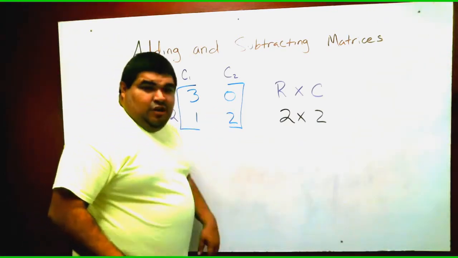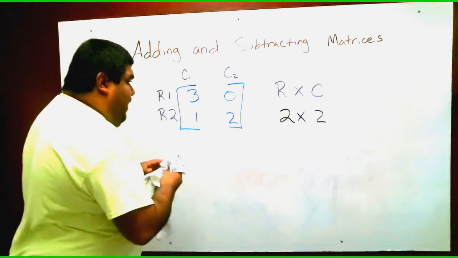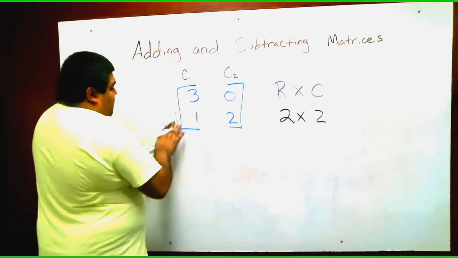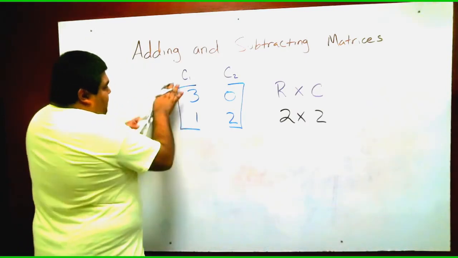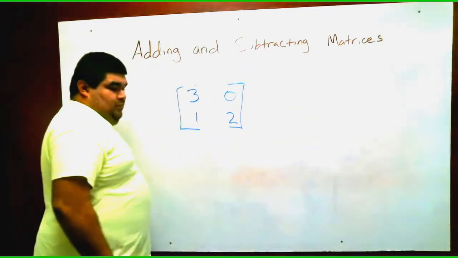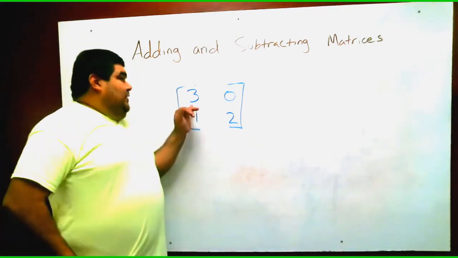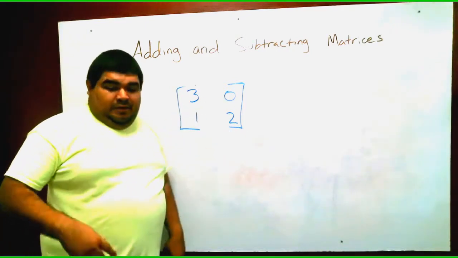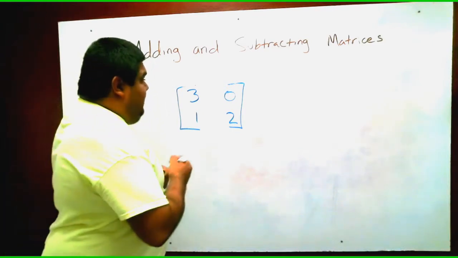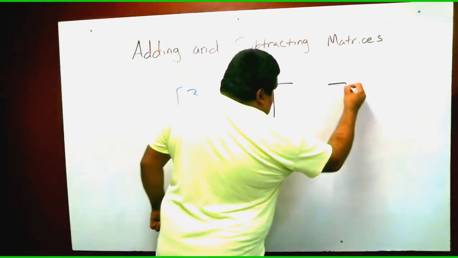So let's start off on adding some matrices together. We're going to keep the one we already have. We're just going to erase our little side stuff. So we have our first matrices, 3, 0, 1, 2. And then we're going to add another matrices here.